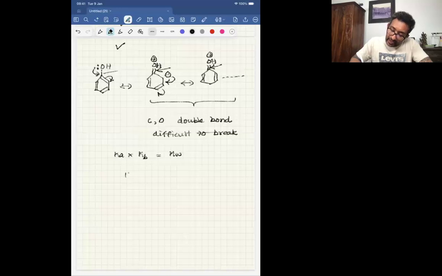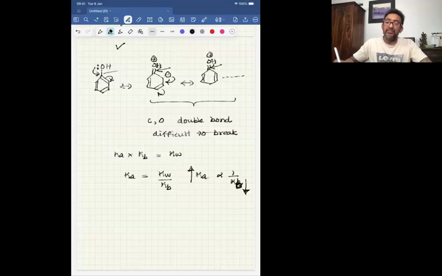So Ka is equal to Kw divided by Kb. Ka is inversely proportional to Kb. Whenever the Ka increases, that means Kb decreases. Inversely proportional. Is it clear?